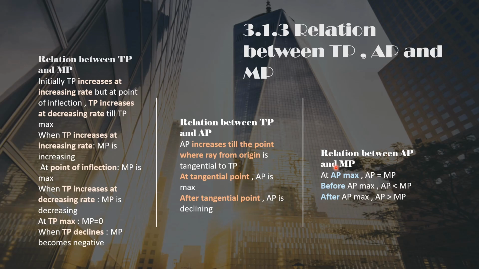Now the relationship between AP and MP. At AP max, AP equals MP. Before AP max, AP is less than MP, and after AP max, AP is greater than MP. So that was the overall relationship between TP, AP and MP. I hope you all have understood.